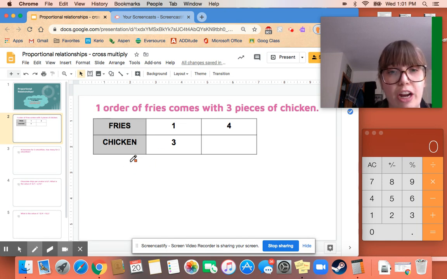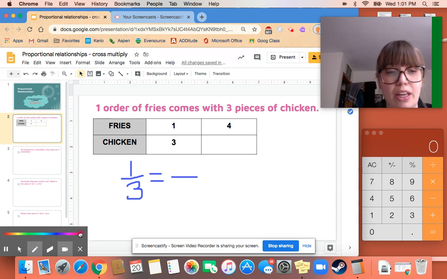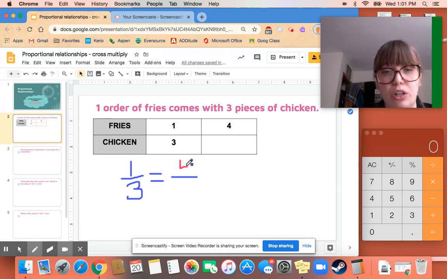For every 1 order of fries, I get 3 pieces of chicken. Now, I'm going to set this equal to my other proportion where I'm trying to order 4 things of fries. And the number of chicken we get is a mystery, so I'm going to put a variable.